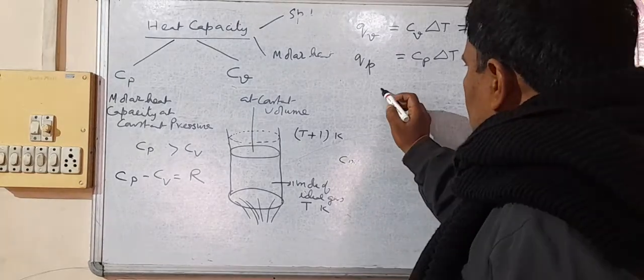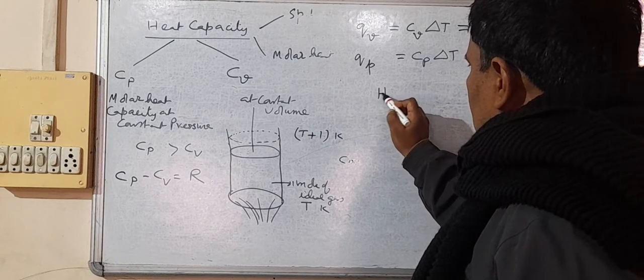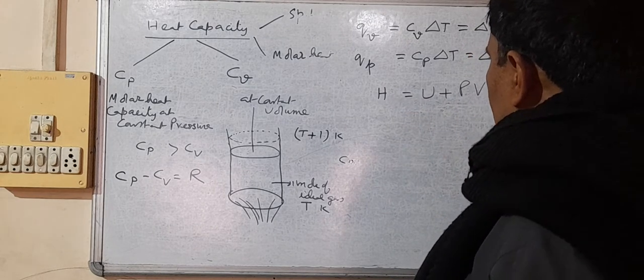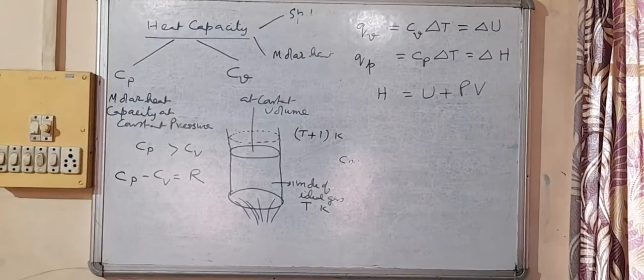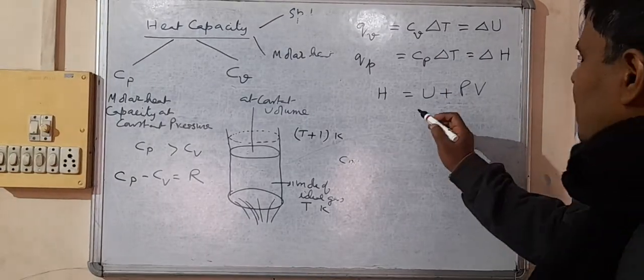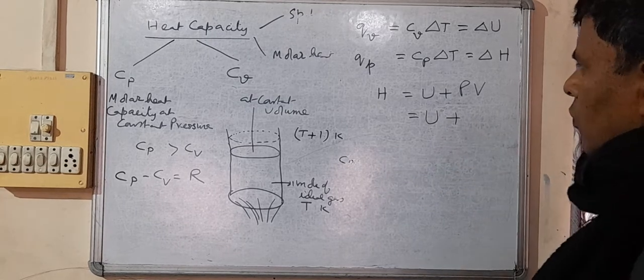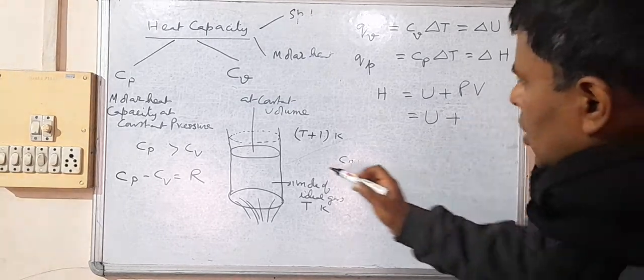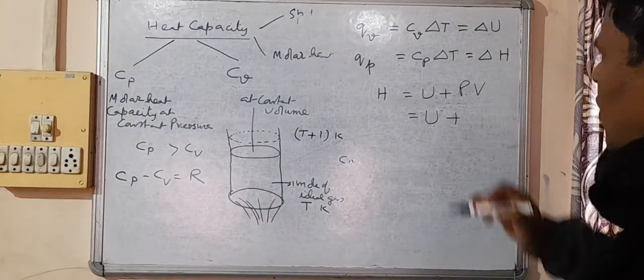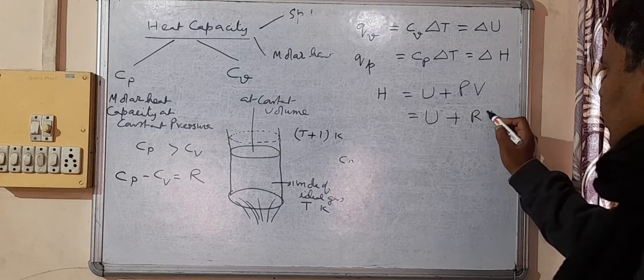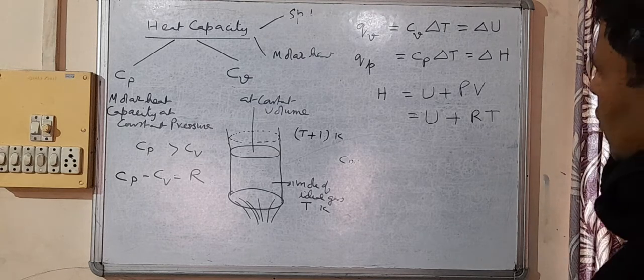Okay, now remembering this relation, H is equal to U plus PV. For an ideal gas containing 1 mole of ideal gas, for PV we can write RT.